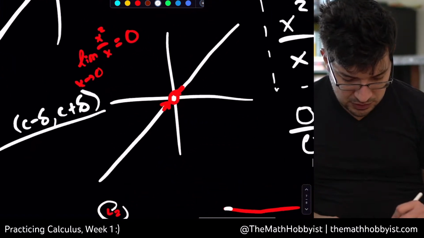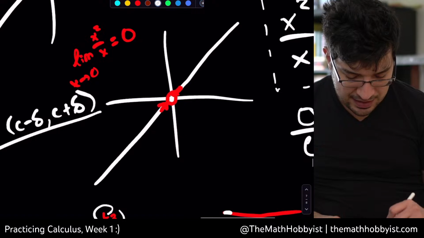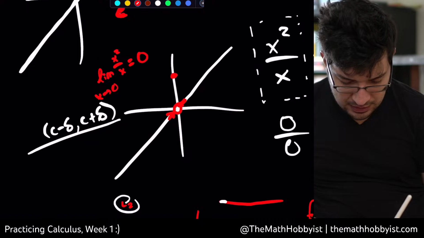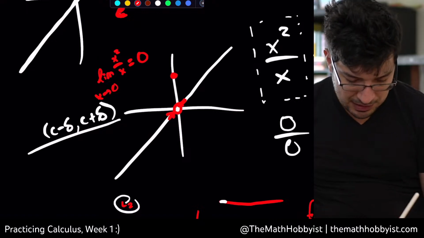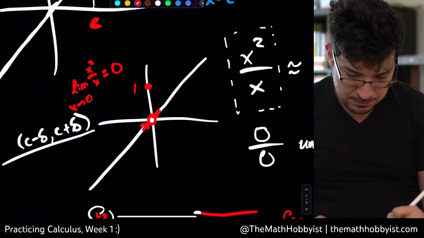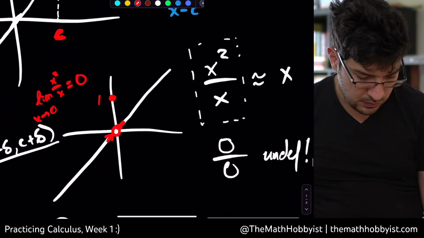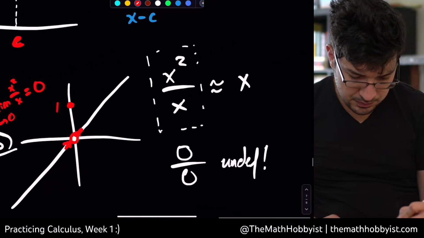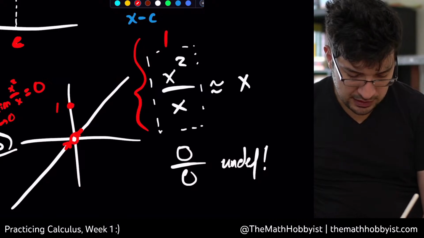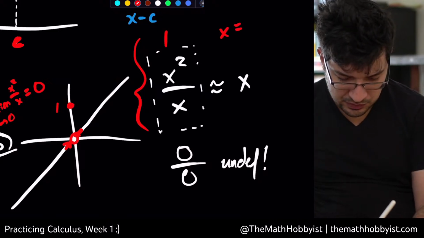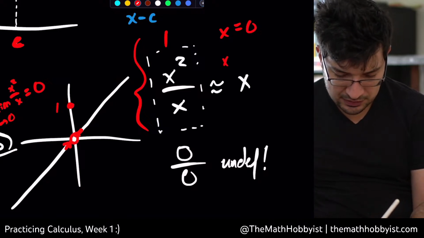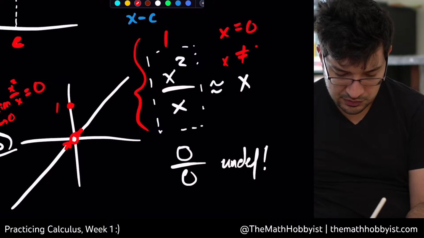So even though the function isn't defined at that point, even if we did define it as another value, maybe the value 1 at that one point, like maybe the function is 1 if x equals 0, otherwise it's x squared divided by x if x is not equal to 0.